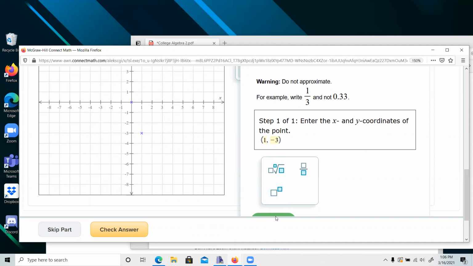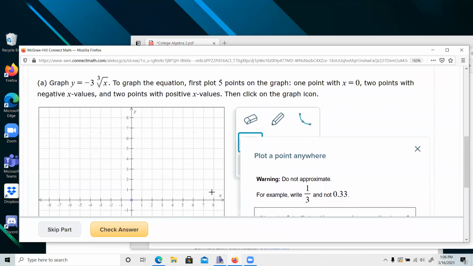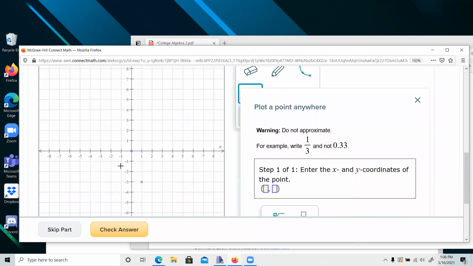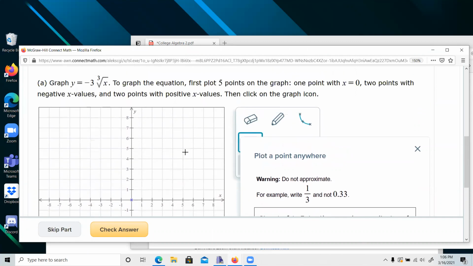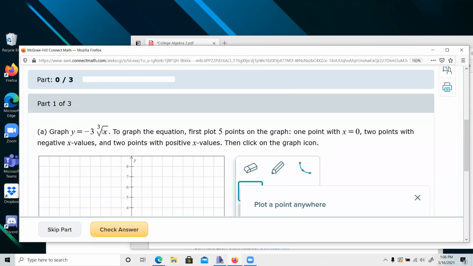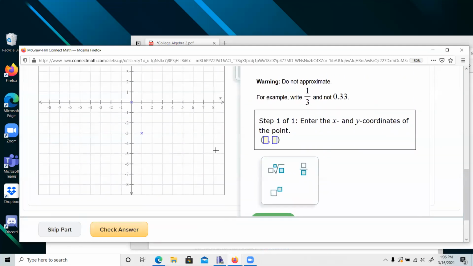Okay, plot. Now we've got to pick another point, and it had better be one in this region, because if I pick something over here, it'll tell me it's out of bounds and it won't like it. The next easy cube root is 8. So the cube root of 8 is 2. 2 times negative 3 is going to be negative 6. Again, negative 6 is going to be here.